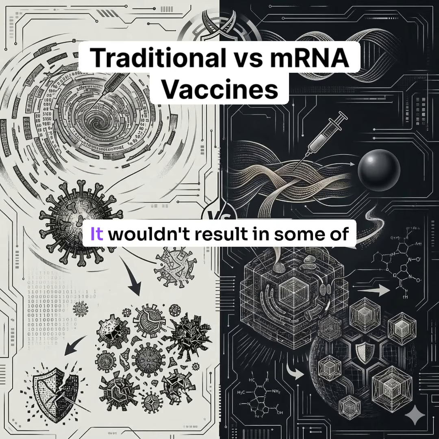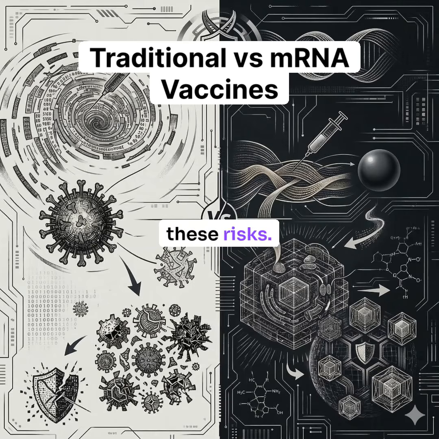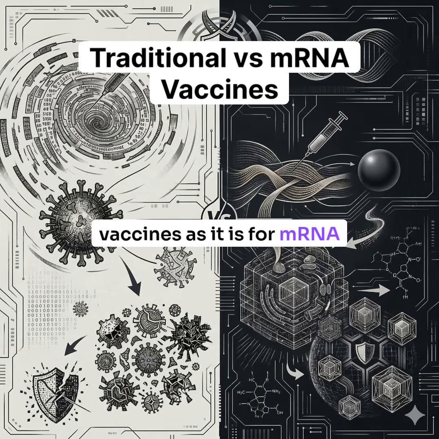It wouldn't result in some of the typical side effects that might be present in traditional vaccines, which on their own don't really occur as much. The effectiveness of the vaccine still far outweighs these risks. But just like everything else, there are going to be rare and specific side effects from traditional vaccines, as there are for mRNA vaccines.